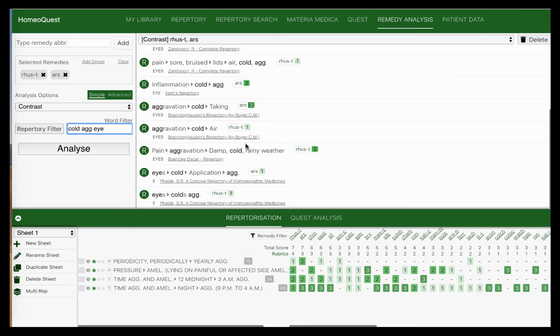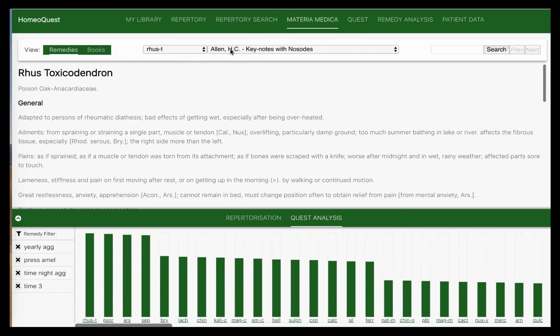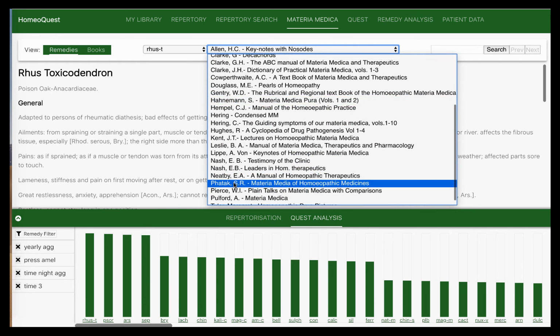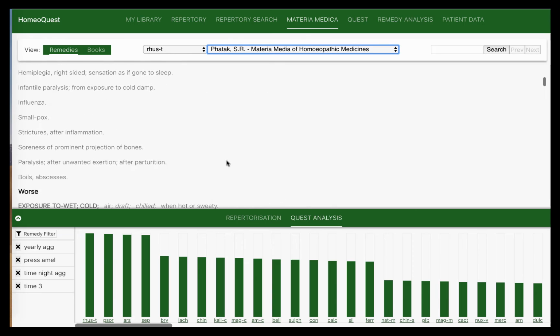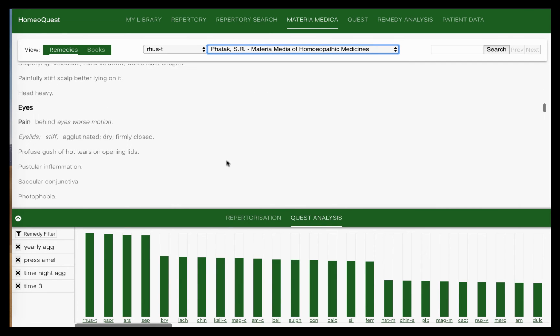So that's one important thing that confirms things which we have not been able to repertorize, but we can just compare and contrast there. And obviously, if you go and check Rhus tox, say, look into Vertex, and then if you check very closely into the eye symptoms, let's look at that.